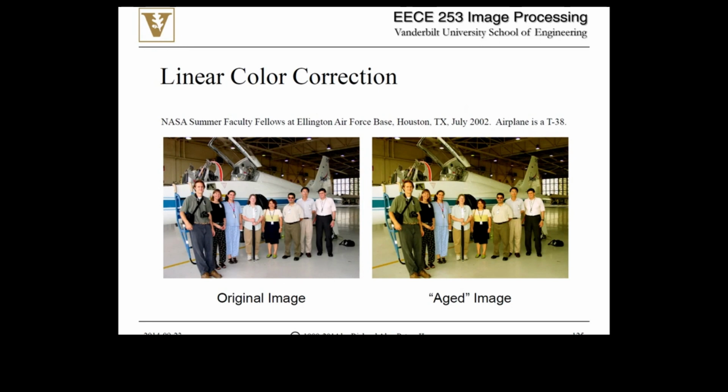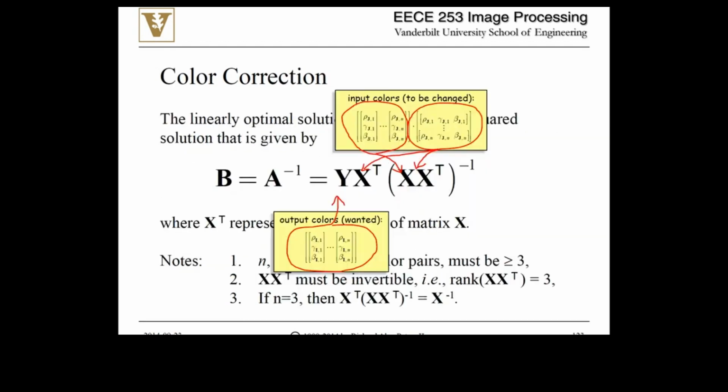Let's say that you have a degraded image. You don't have the original. In this case, because it is a simulation, we have the original. But let's say that all you have access to is the degraded image, and you know that those colors are unnatural, and you want to make them more natural, like these ones. So how to do that?